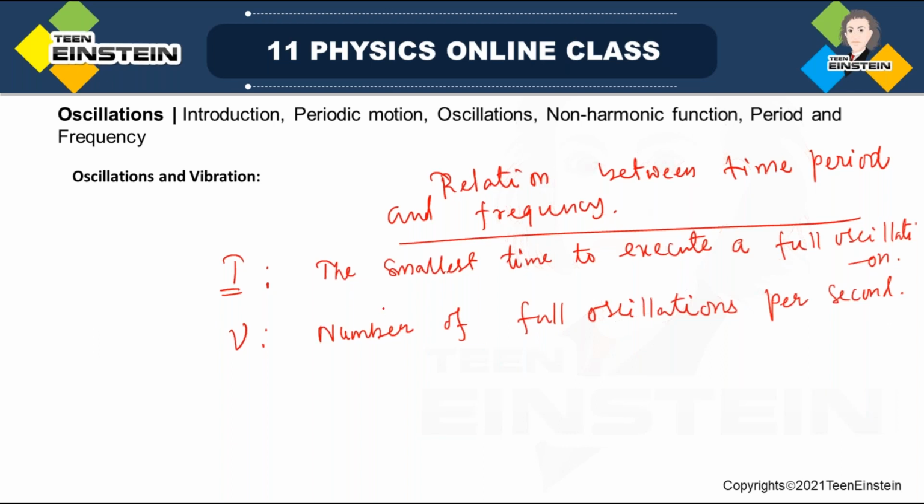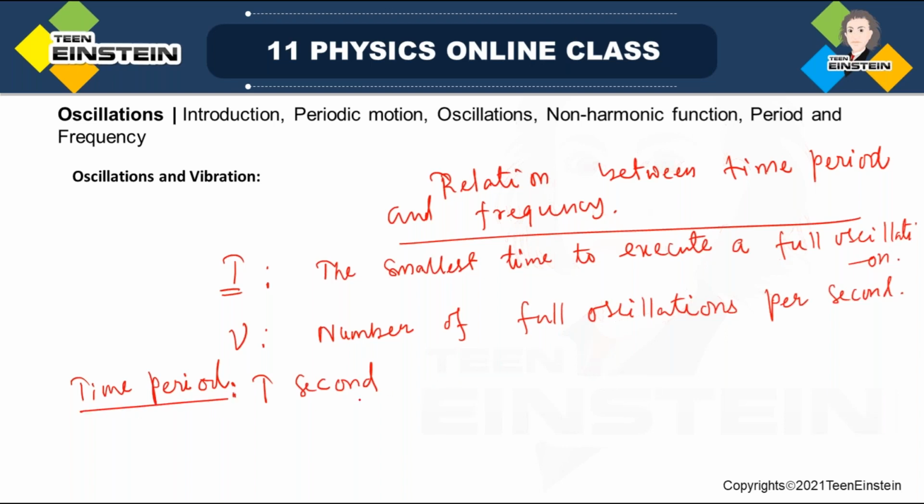Let me consider a particular oscillation, t is the time period, so t seconds is the time period.